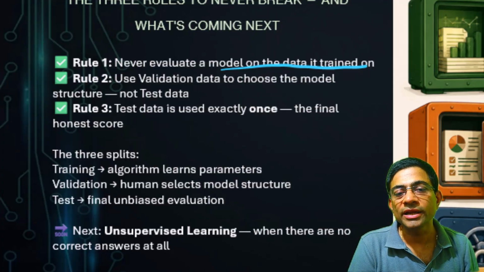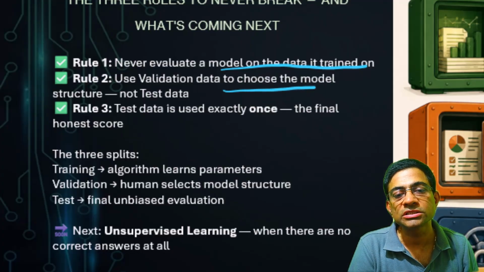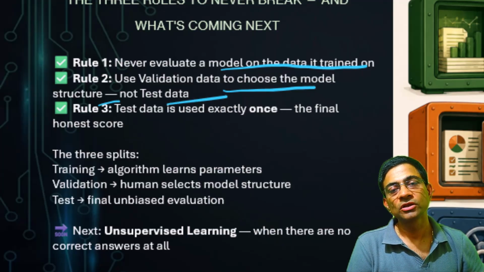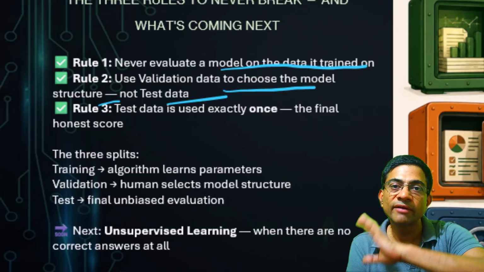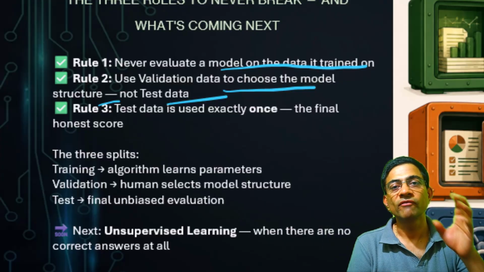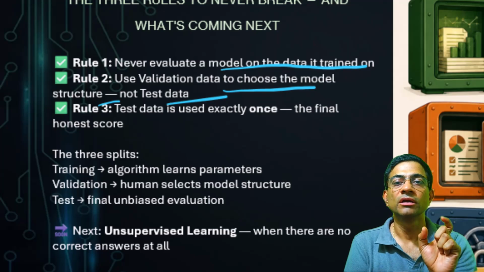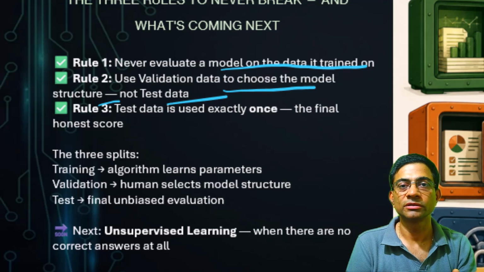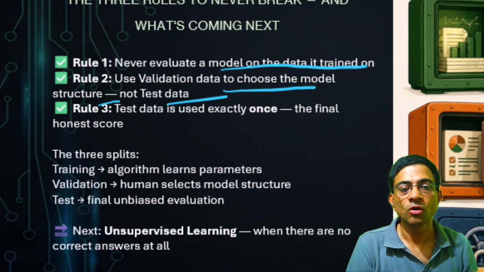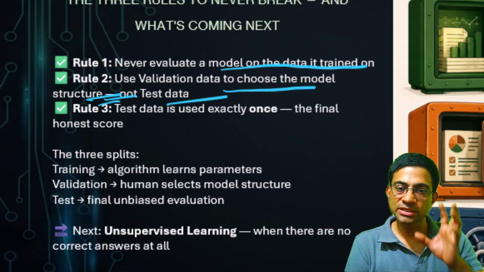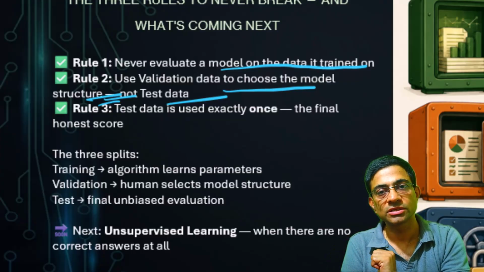Second, use validation data to choose the model structure and not the test data. Got it? Test data is different, validation data is different. With validation data, we are going to find the structure which we are happy with, and that is going to be a human being who does that. So that is the structure we are going to select, which seems to be performing well consistently.